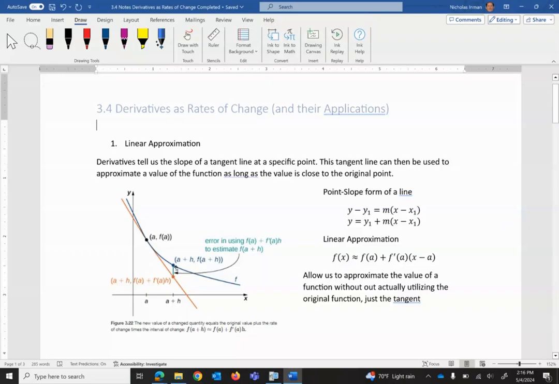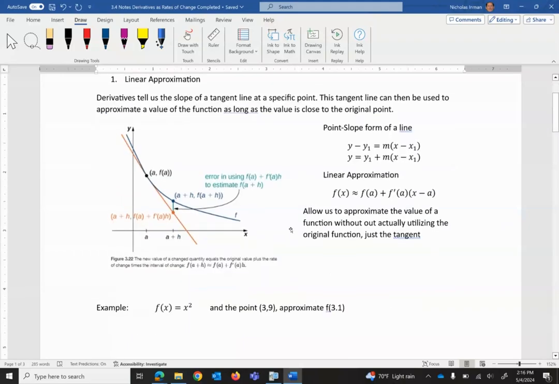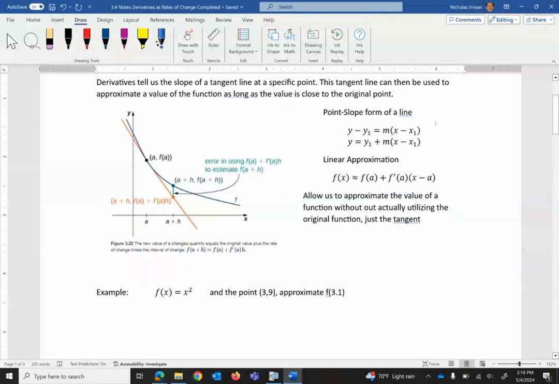What this basically does for us: we know we have the equation y minus y1 equals m times x minus x1. That is the point slope form of a line. If you move the y1 to the other side, it's exactly the equation of point slope form, slightly rearranged.